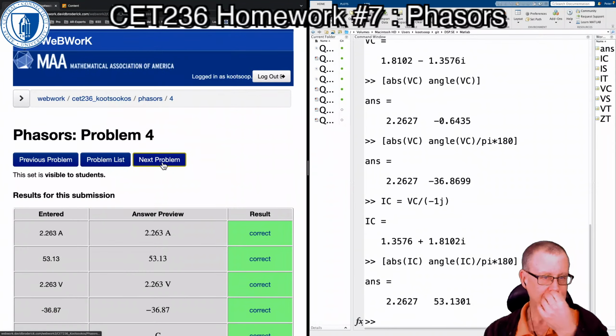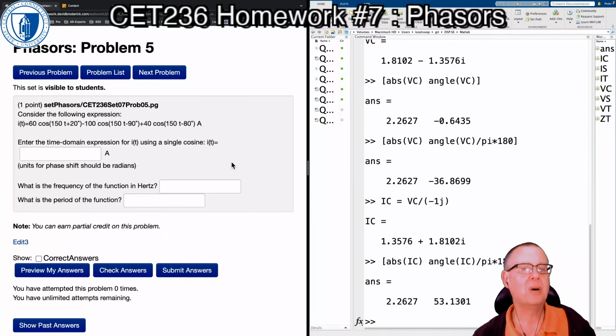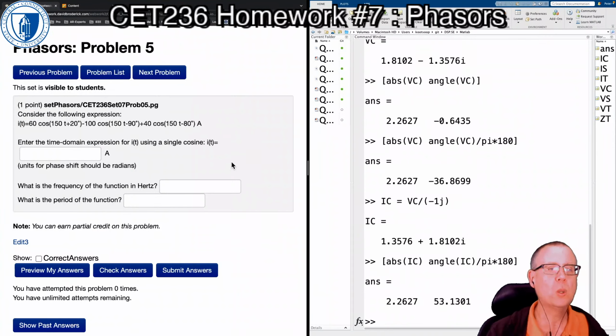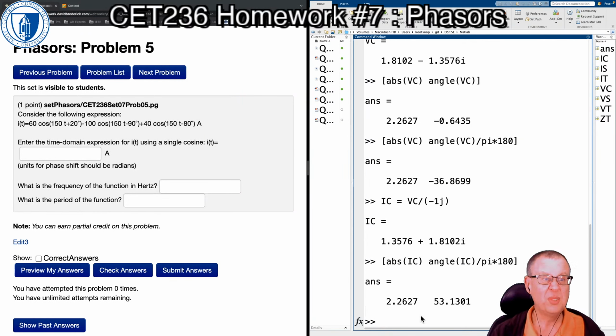Okay, problem 5. So now we've got a sum of 4 phasors. So we've got 60 angle 20 minus 100 angle minus 90 plus 40 angle minus 80. So let's just do those.